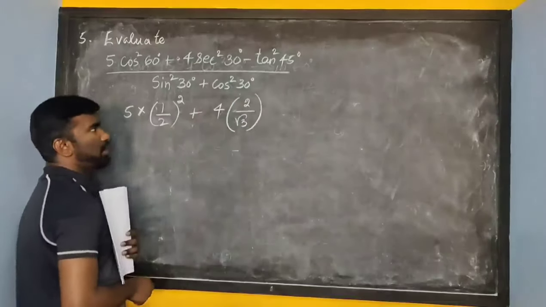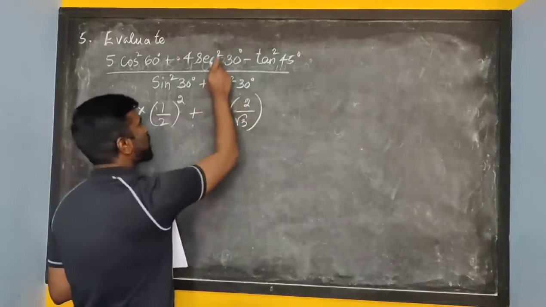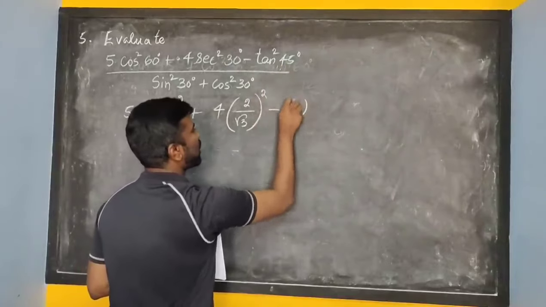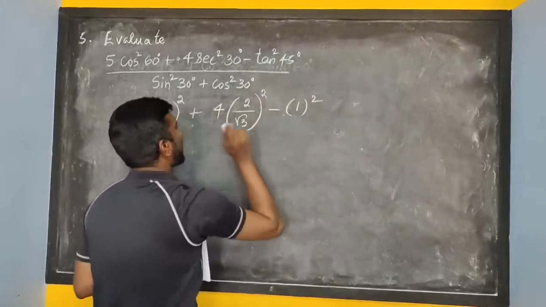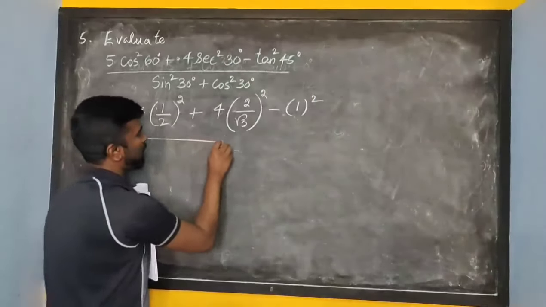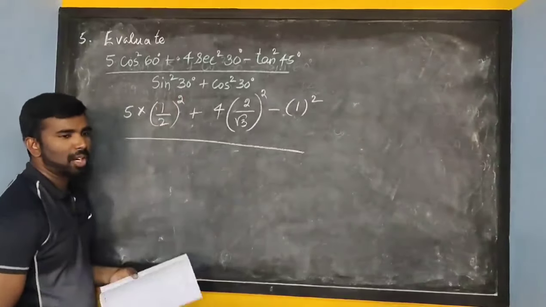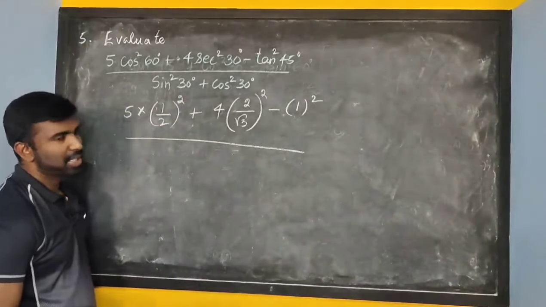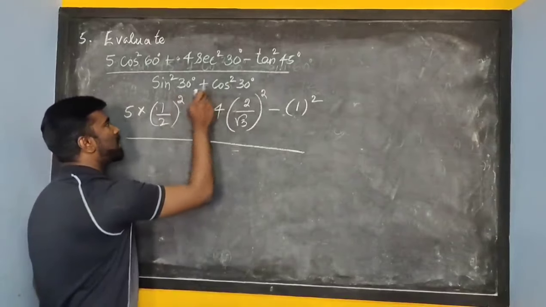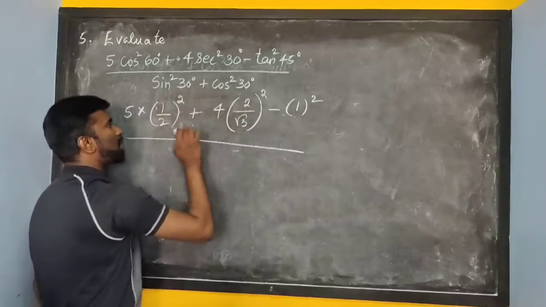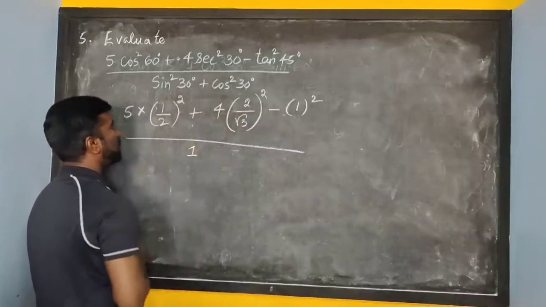Secant 30 degree value is 2 by root 3. Since square is there, put square. Minus tan 45 value is 1. Square as it is. As I've already told you, replace the denominator by 1 using identity 1, since the theta is same. Theta is 30 here, therefore sin square theta plus cos square theta is 1.